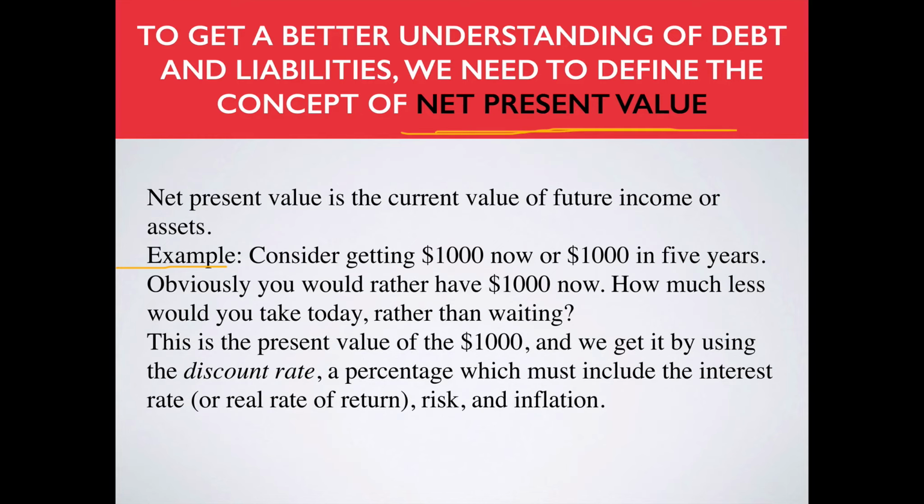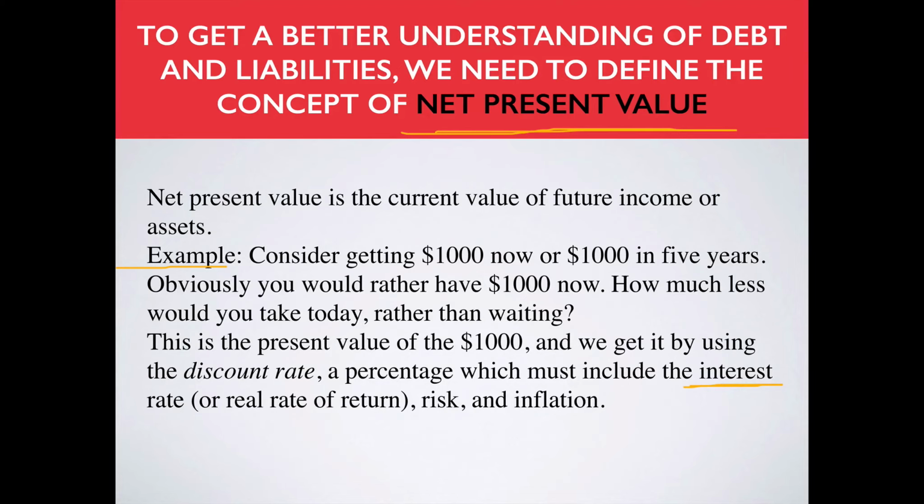The discount rate takes into account all these other factors, right? There's an interest rate. If you had $1,000 now and you loaned it to somebody, you'd be getting more, right? If you had a smaller amount of money and you could loan it to somebody for 5 years, then they have to pay you back more, so it would be closer to $1,000 because of interest, right?